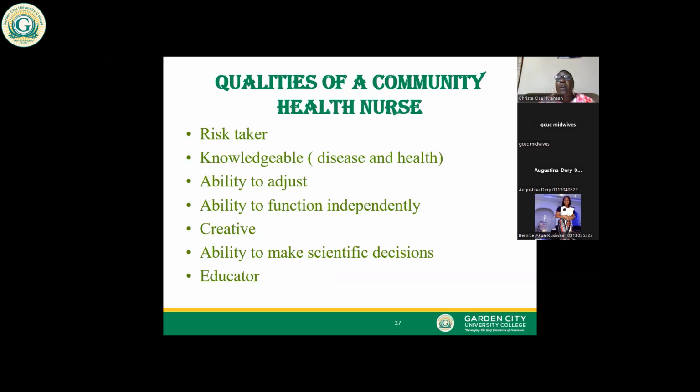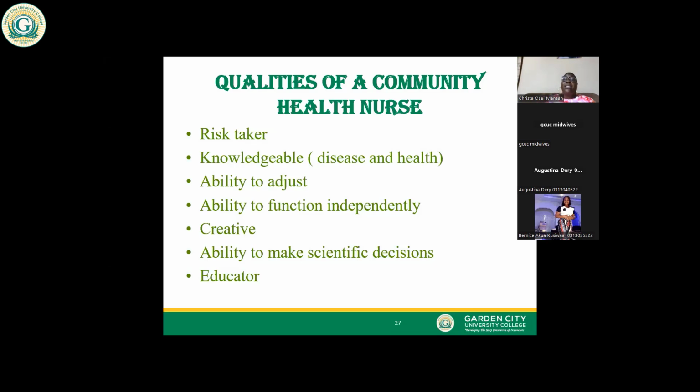that a community health nurse or a community officer should possess? We are also going to take this one after the other. And so take the one that you want to talk about. When we say a community person should be a risk taker, what do we mean?